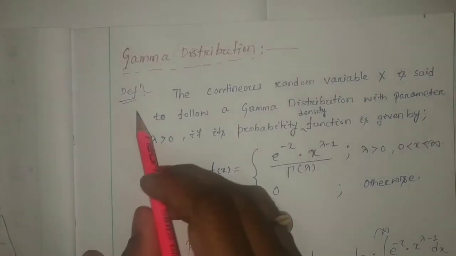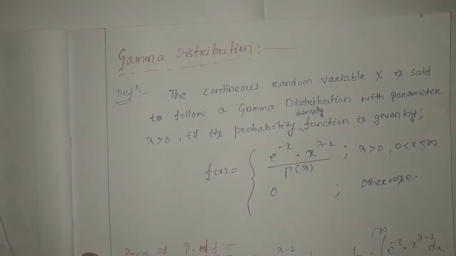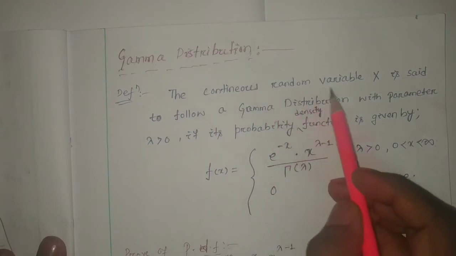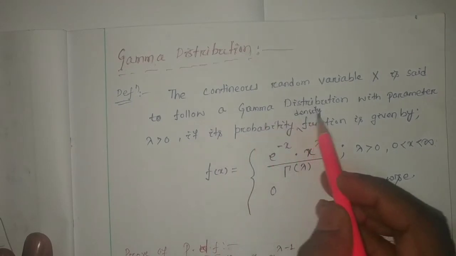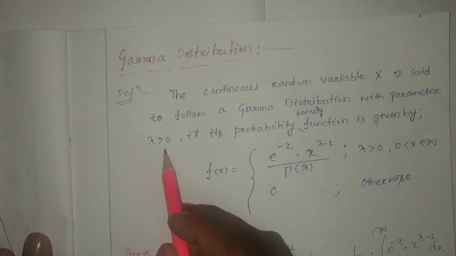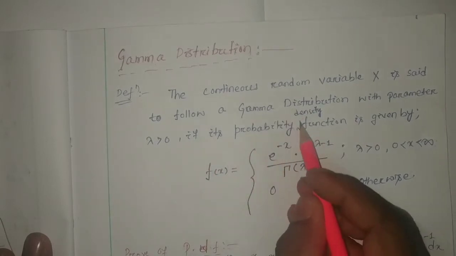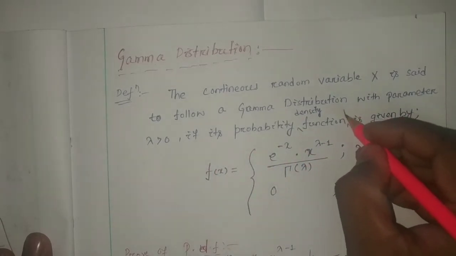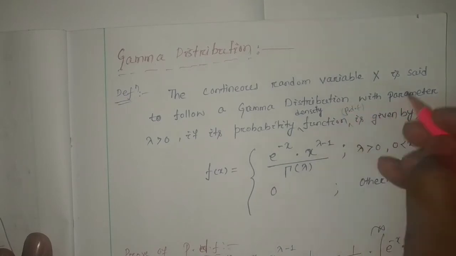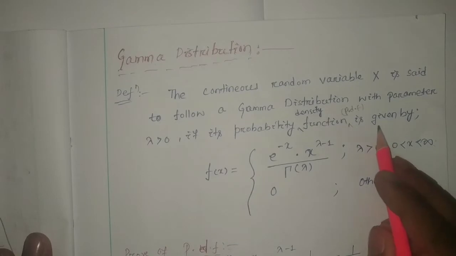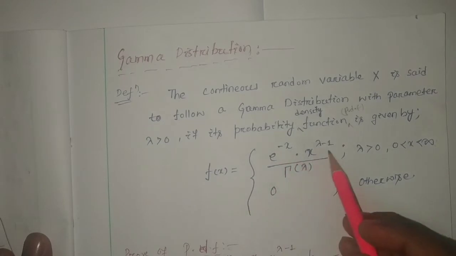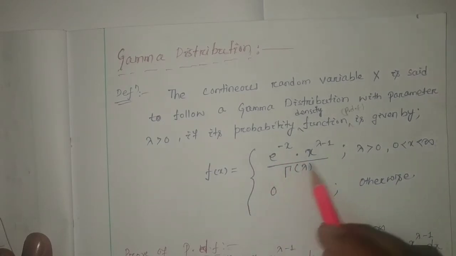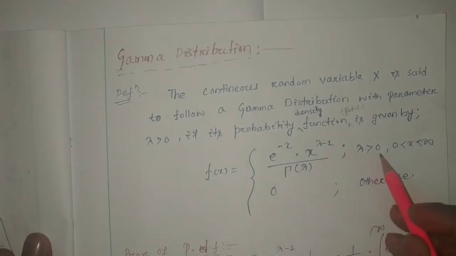Here is the definition of the gamma distribution. A continuous random variable x is said to follow a gamma distribution with parameter lambda greater than 0 if its probability density function, or PDF, is given by f(x) = e to the power minus x into x to the power lambda minus 1, divided by gamma lambda, where lambda is greater than 0 and x varies from 0 to infinity.